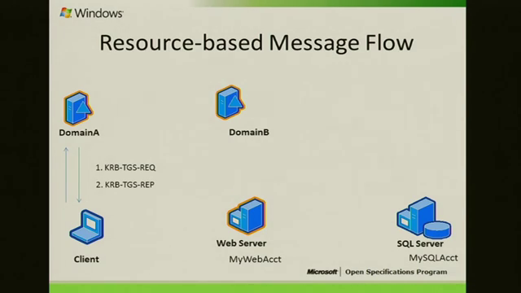I get a service ticket to the web server, and then of course, through my application protocol, I connect to the web server. Now the application decides it needs to do something. In order to finish that task, I need to talk to, say, a SQL server in order to get that information back to you. So I'm going to need a service ticket for the SQL server that I can use on your behalf.